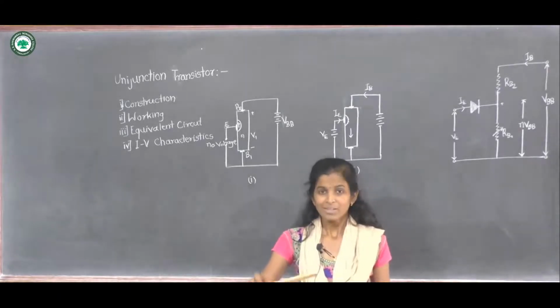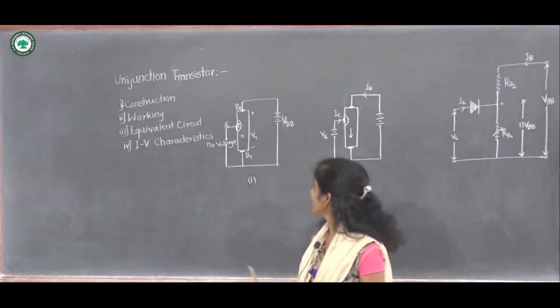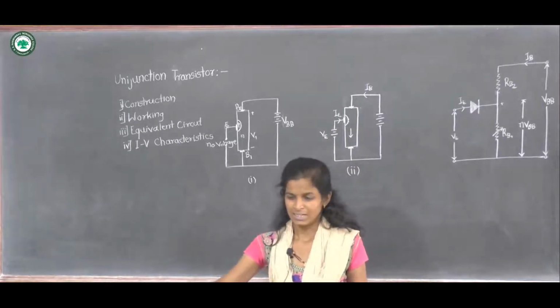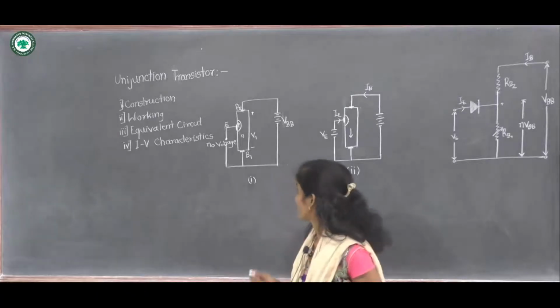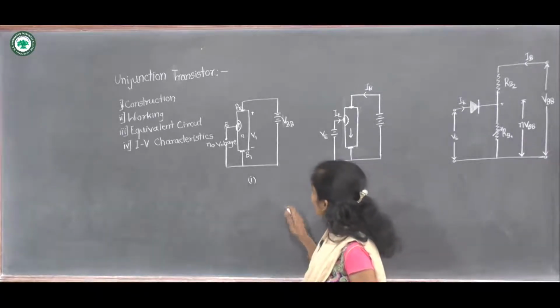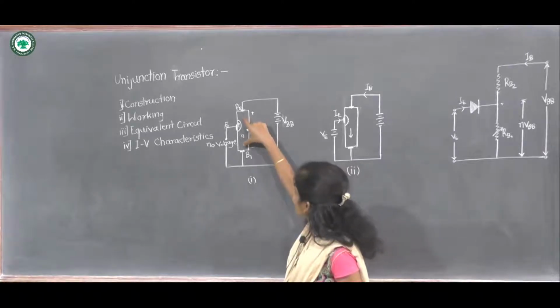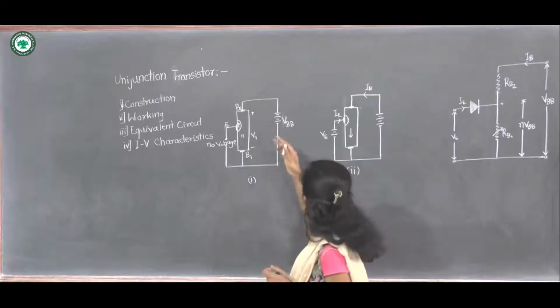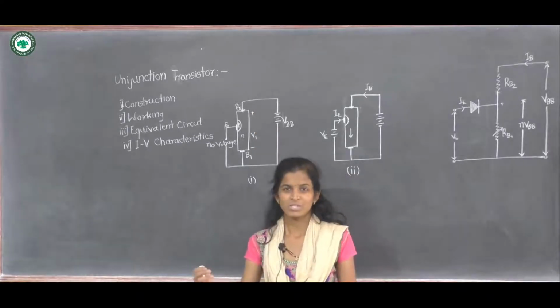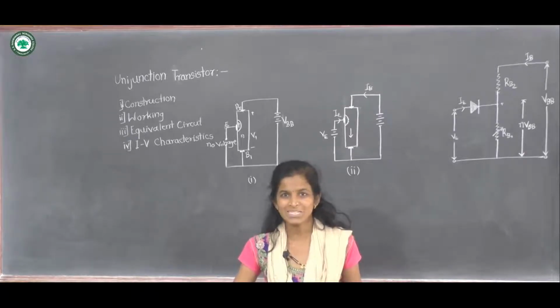So when the emitter terminal is open, that is, no voltage is applied to the emitter terminal, this is the N-type strip, and this is the region which is visualized as a voltage divider circuit.